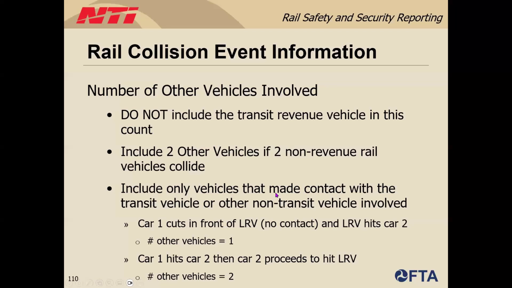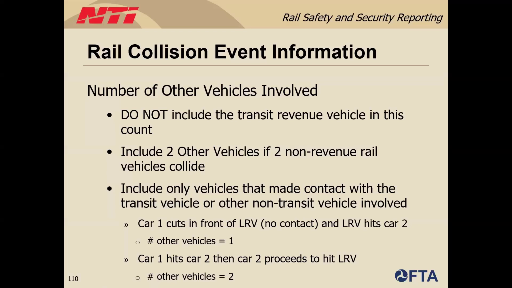Also, in multiple vehicle collisions, if car 1 cuts off an LRV, but no contact is made, and the LRV goes on to hit the car, then the number of other vehicles to report is 1 because only car 2 had contact.